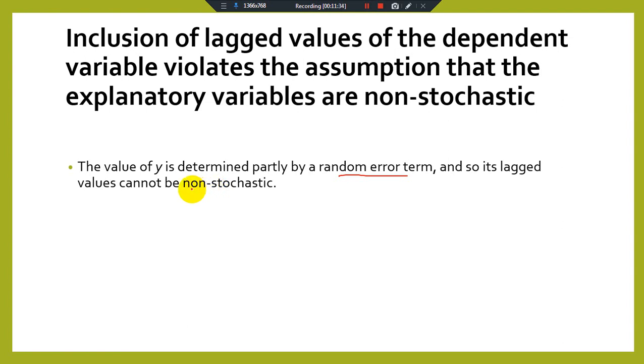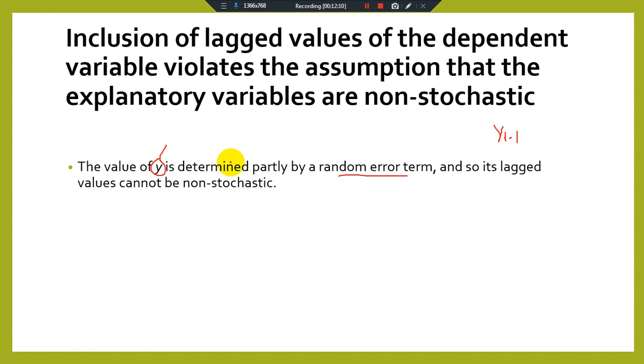And when we use the lag dependent variable as an explanatory variable, we already suppose, following the assumptions of OLS, that yt, our dependent variable, is stochastic, but our independent variable is non-stochastic and fixed in repeated samples.